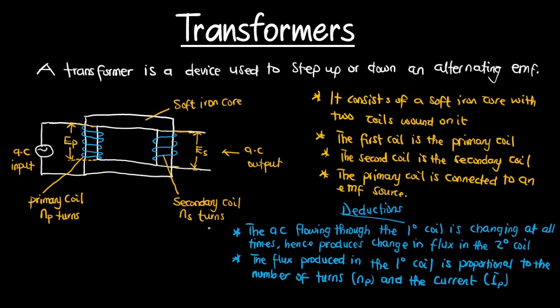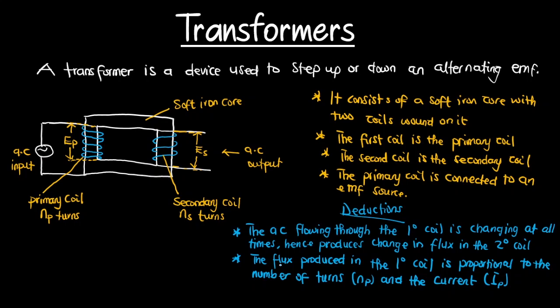Now the other way around is true for the secondary coil, so I will not write that, you just quickly say it. So you can write this down. For the next deduction, the induced EMF in the secondary coil is proportional to the number of turns NS and the current IS flowing through the secondary coil.